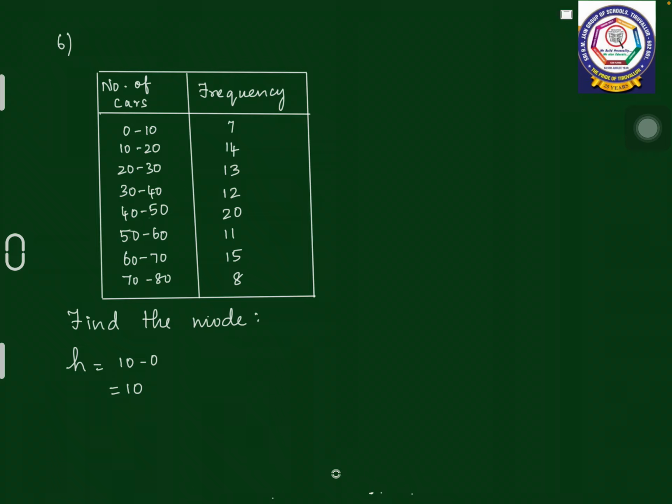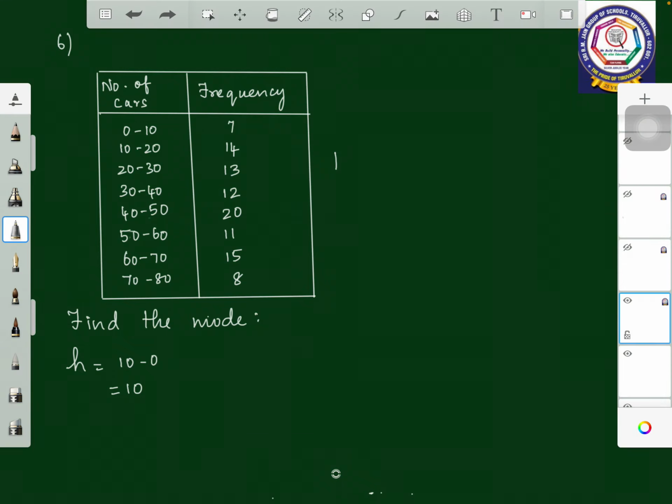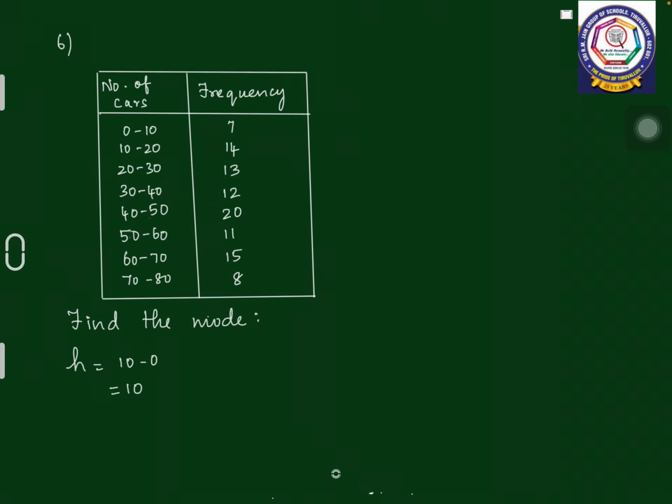Now we are supposed to find the mode. What is the formula for finding the mode? Before that, you have to find the modal class. Which is the highest frequency here? Sorry, 20 is the highest frequency, so that will be chosen as the modal class.